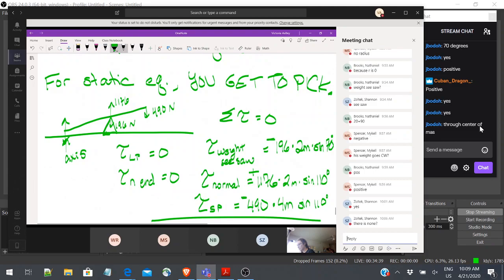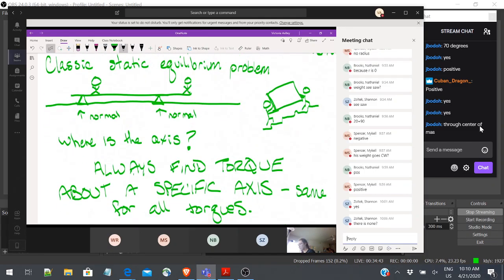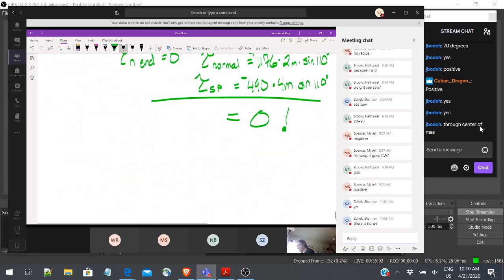So when you have a question like this, you could say, is it rotating about this point? Is it rotating about this point? You can pick either. You can do both, and you can solve the problem that way. Does that make sense? Usually you'll have to do at least 2 axes.